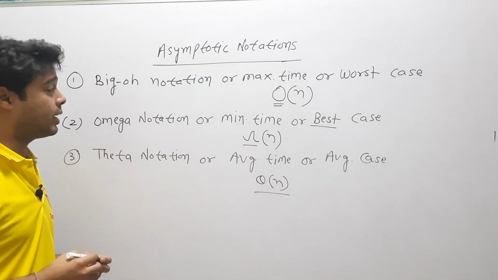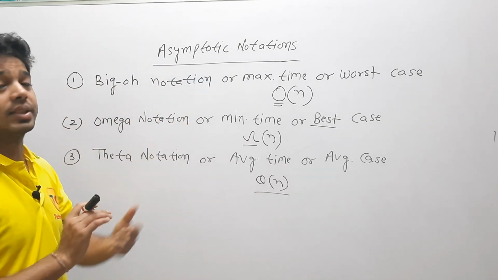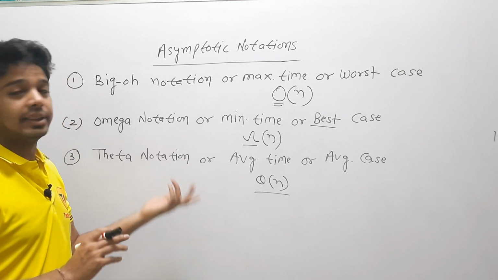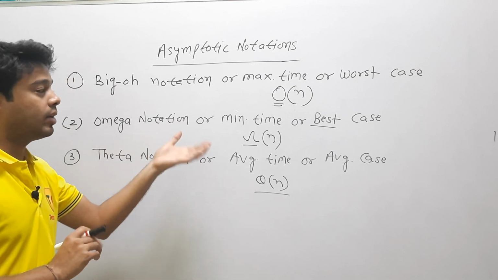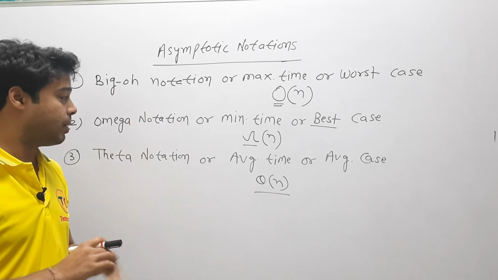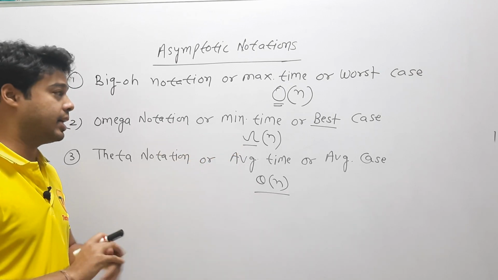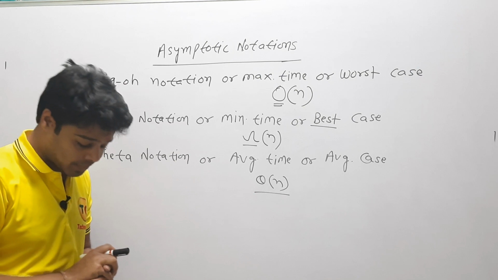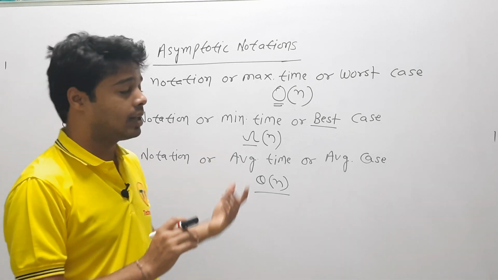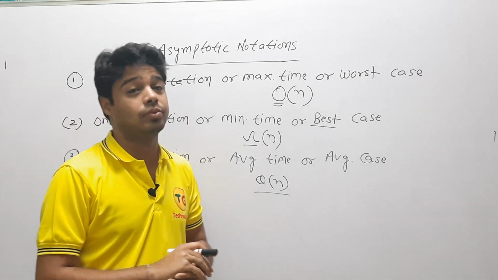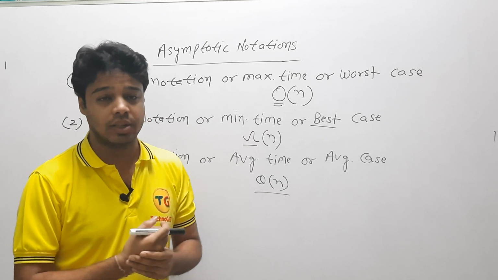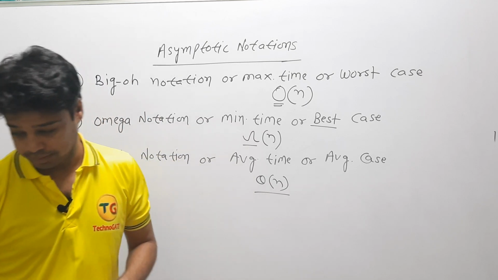So there are three notations here. Big O means worst case time complexity or maximum time. Omega notation means minimum time or best case time complexity, omega n. And theta notation means average time or average case, theta of n. Okay, so we will discuss one by one all three notations, how to approach the problem, and which type of problem is asked in the examination. So let's check one by one.